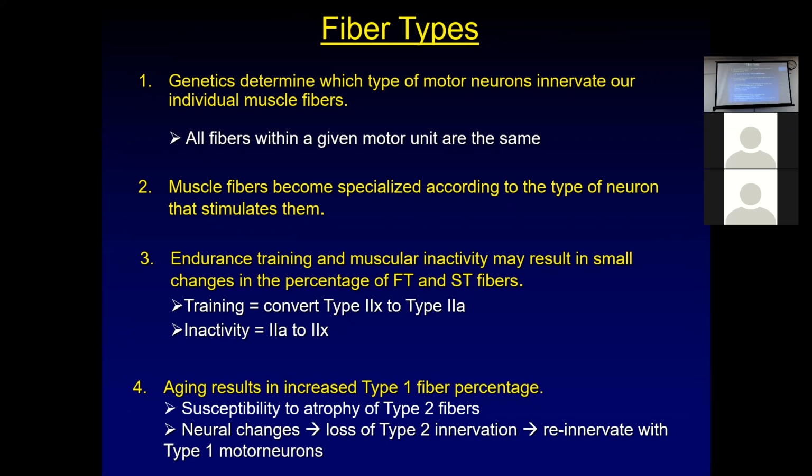okay, is with aging. As you get older, some of your motor neurons are going to die, and you're going to lose connection to a certain population of muscle fibers. For whatever reason, the neurons that tend to die are almost exclusively neurons that connect to fast-twitch muscle fibers.